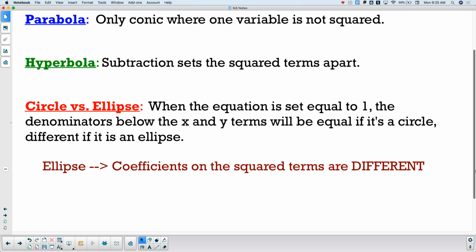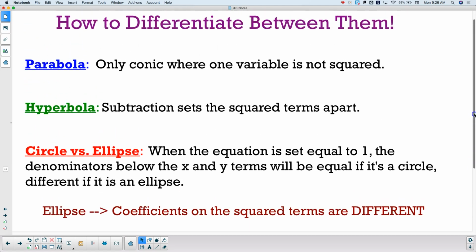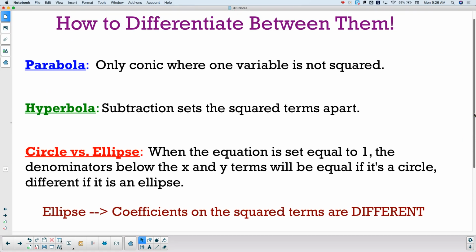So I'm going to pause the video here for a couple of seconds because I feel as if you guys didn't write this stuff down, and it's kind of the important part of today. So if you're watching along on the interwebs, here is where you would pause and write this slide down. If you're sitting here in a desk, here is where I'm going to pause and you're going to write this stuff down.